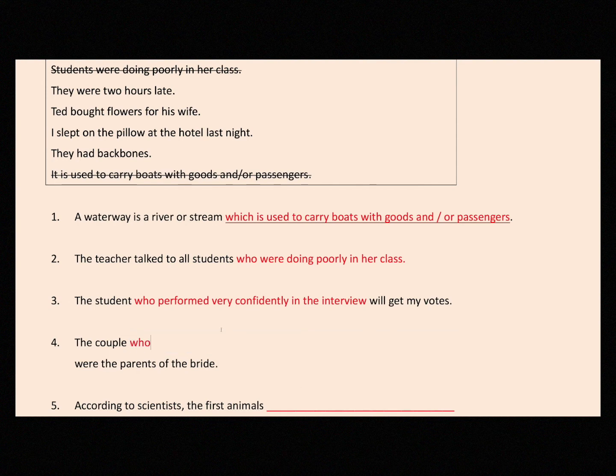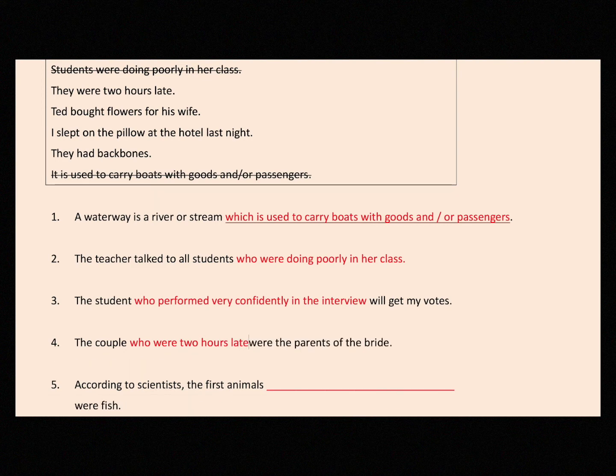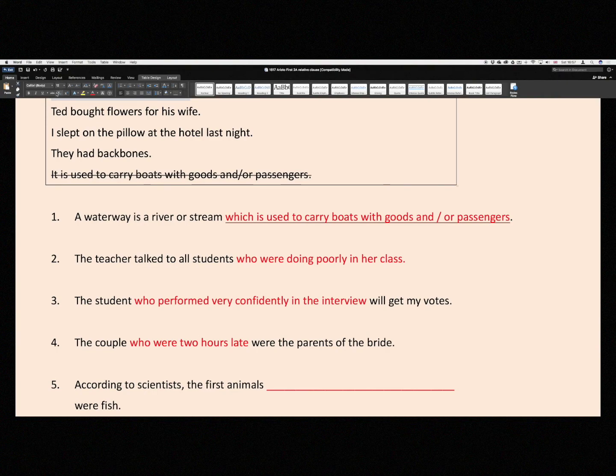The couple who, and then again, who is replacing couple, and it is also replacing they, and that's why we can delete the they here. We say the couple who were 2 hours late were the parents of the bride. Okay, we use who to talk about a couple because they're people, and this is also used. Let's also cross out this one.